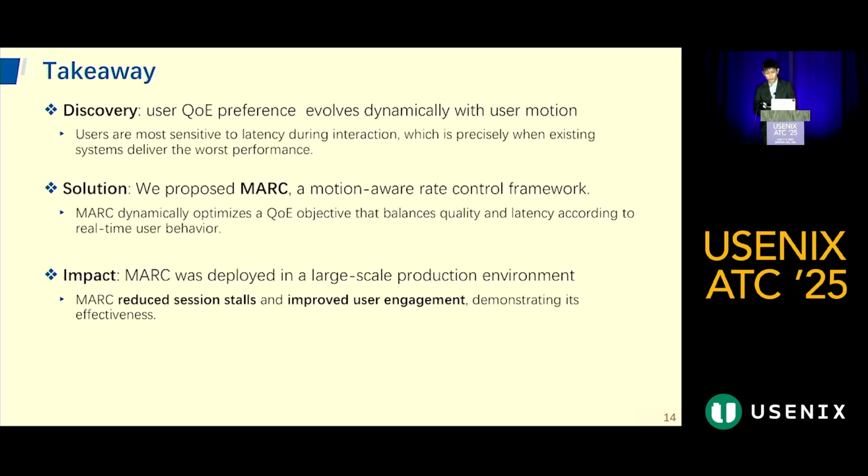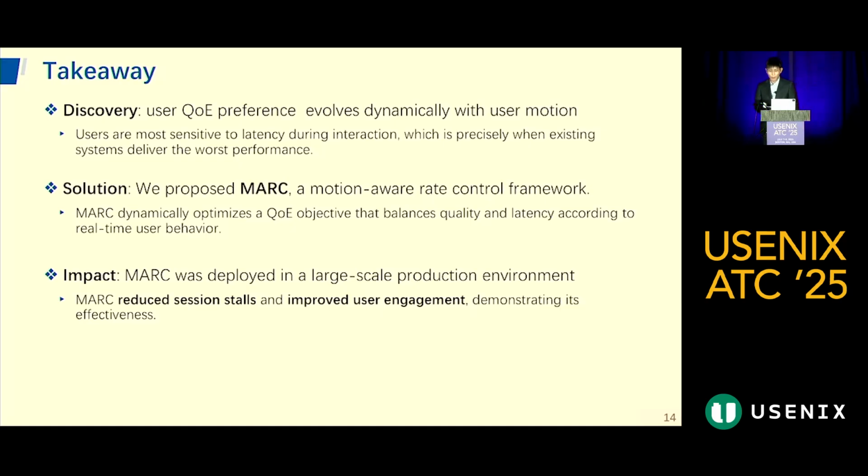So, to conclude, our contribution is threefold. Through a large-scale measurement study, we discovered that user QoE preference is not static. It evolves dynamically with user motion in cloud rendering applications. Users are most sensitive to latency during interaction, which is precisely when existing systems deliver the worst performance.